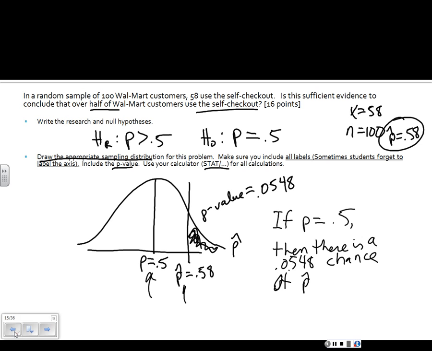Our p-hat was 0.58, but we're going to say greater than that. So a p-hat, a sample statistic, greater than 0.58. And you can put greater than or equal to if you want. It doesn't make any difference in a continuous distribution.